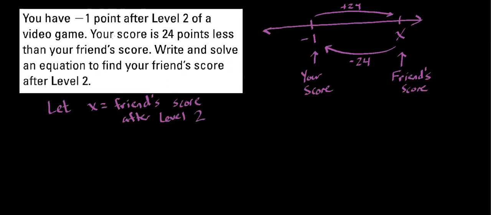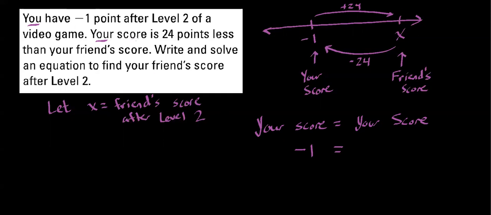You have -1 point after level 2 of a video game. So if you read these first two sentences here, they basically tell you what you have in two different ways. So one way to think of this is, whatever my score is, it's going to equal my score. On one hand, my score is -1. So I'm going to put that over on the left.